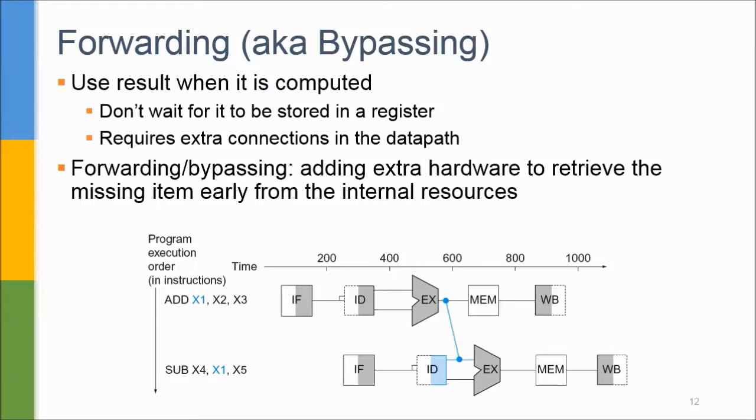For the code sequence above, add and subtract, as soon as the ALU creates the sum for the add, we can supply it as an input for the subtract instruction, adding extra hardware to retrieve the missing item early from the internal resources. This is called forwarding or bypassing.